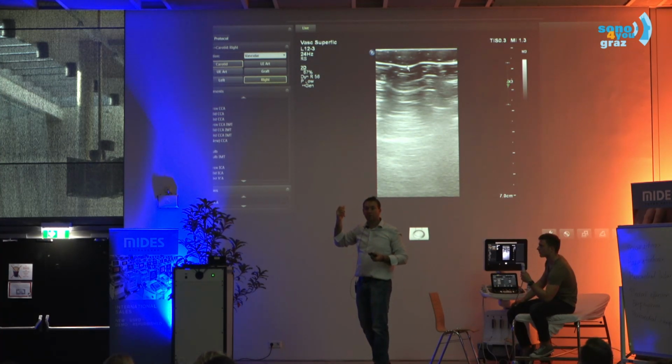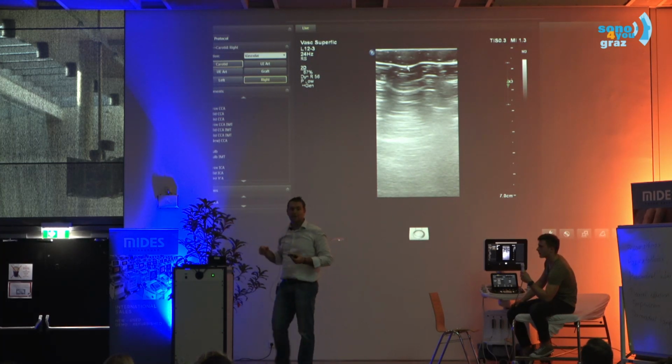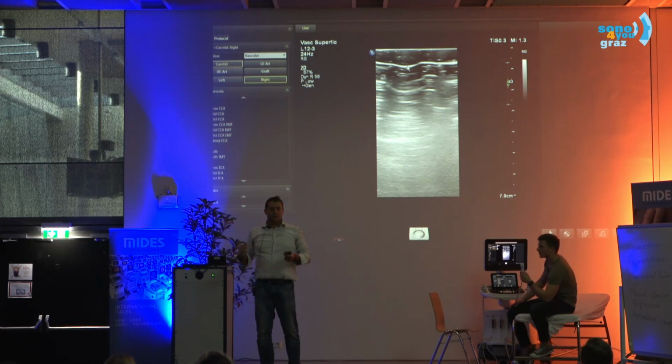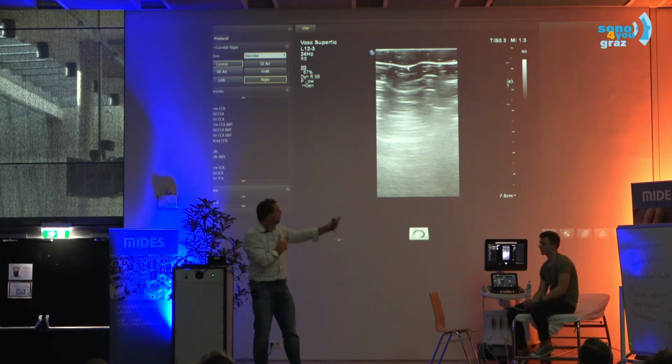A, B, C, D, Z lines. Which one? A lines. You see? So physically, regarding physics of ultrasound, A lines in his chest or A lines of air in Graz is the same.